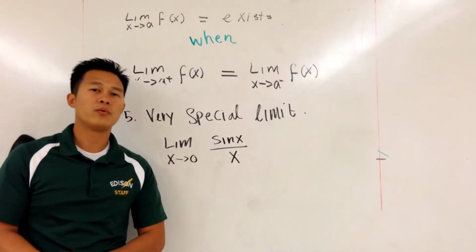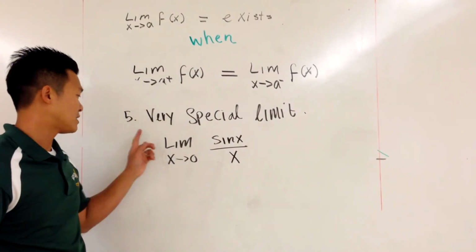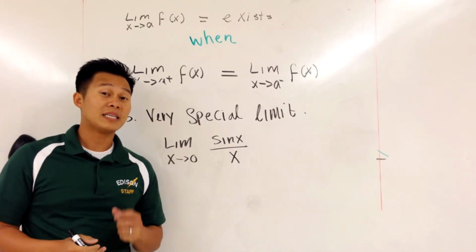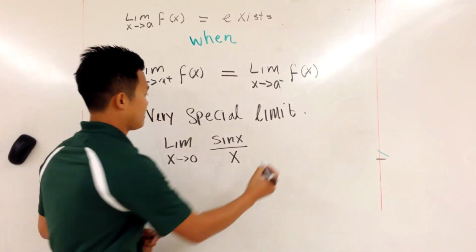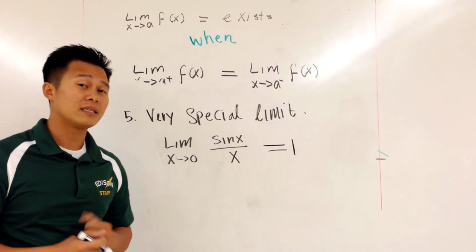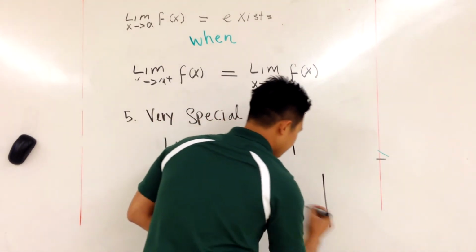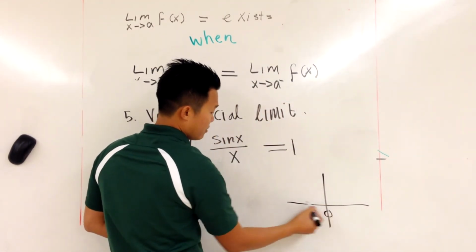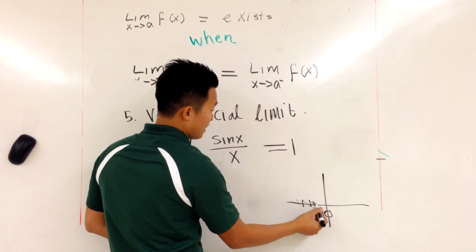So we want to know what is the limit as x approaches 0 of sin of x over x. It turns out that this limit is equal to 1. The reason is, when you take a look at this graphically, around when it gets close to 0, the function will oscillate a lot.